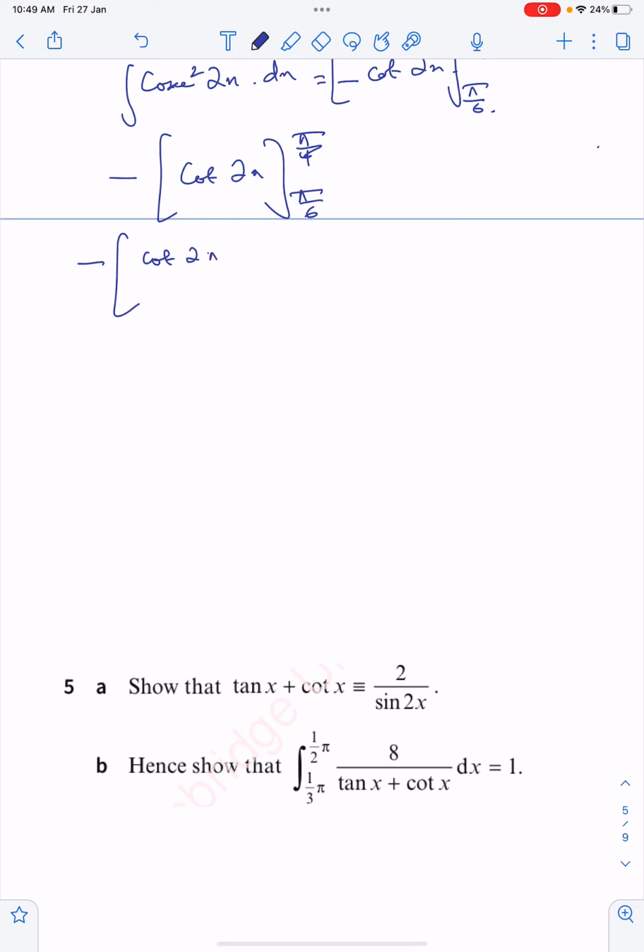cot of 2 pi by 4 minus cot of 2 pi by 6. Minus, it's cot of pi by 2, which is the reciprocal of tan of pi by 2. So tan of pi by 2 is actually undefined, we know. Tan of 90 is undefined.